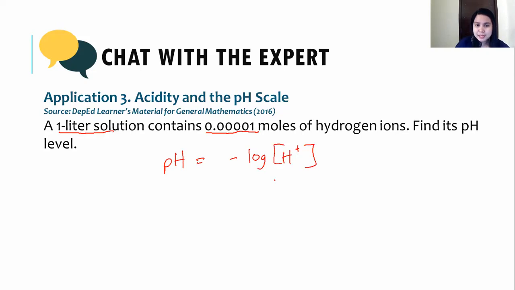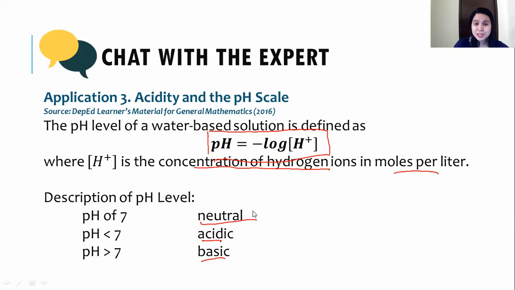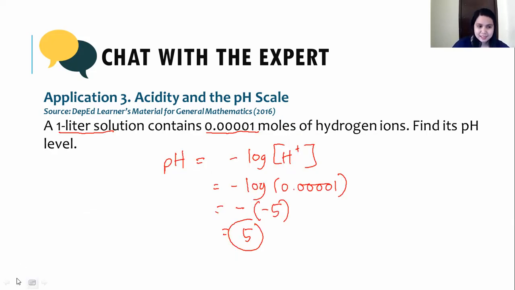Our H plus is 0.00001 moles. We take the negative log of that. The answer will be negative of negative 5. That is positive 5. So how do we interpret this? Based on our description, it is acidic. So state that the concentration is acidic.